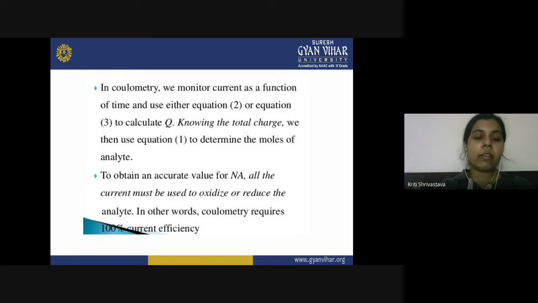Once you know the total charge passing through the electrochemical cell, you can use equation 1 to determine the moles of the analyte. So once you know the total charge required for the complete electrolysis of the analyte, you can calculate the concentration of the analyte from this value.